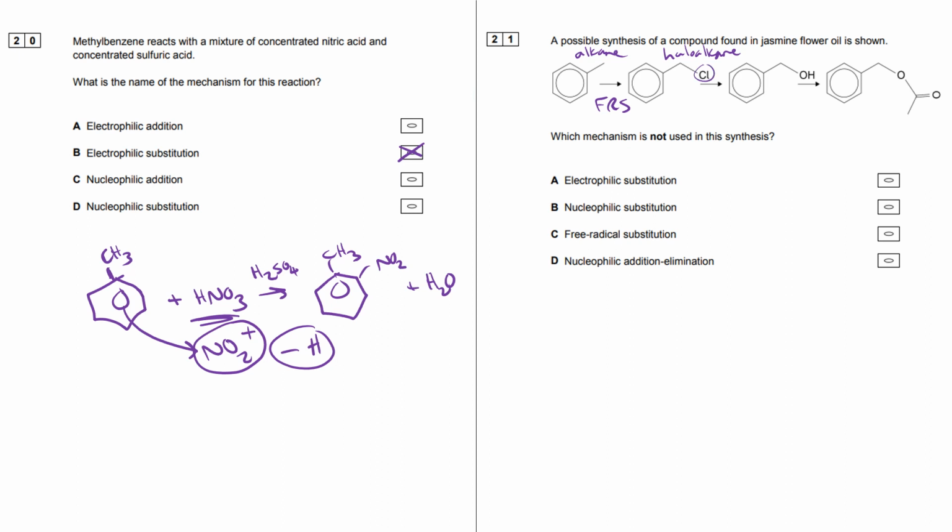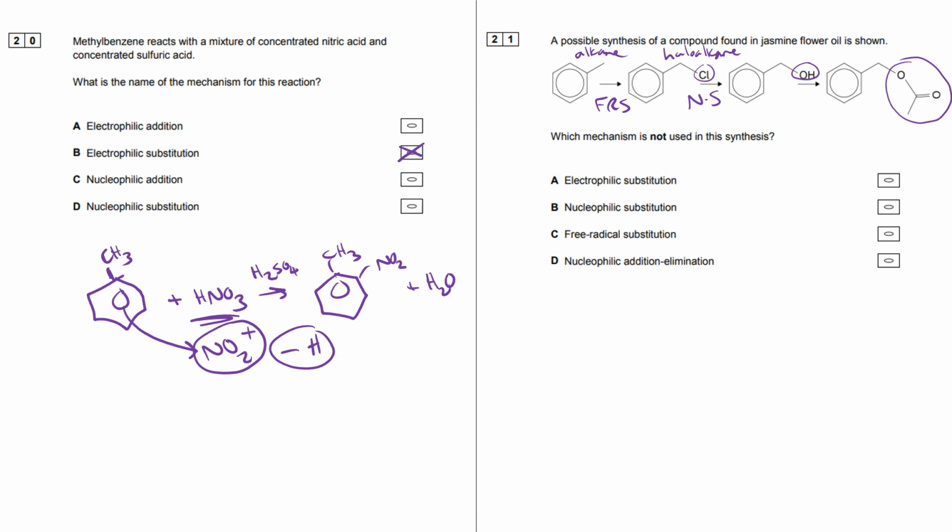Your chlorine is then being swapped or substituted for a hydroxide ion. So you need sodium or potassium hydroxide in an aqueous solution. That one is nucleophilic substitution. And then finally you're going from an alkyl group to a C double bond O single bond O. You're forming an ester. So that's esterification.